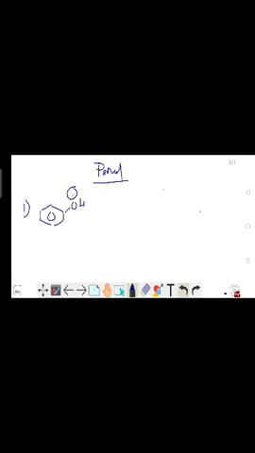When this phenol reacts with acid chloride, that is CH3COCl, then it produces phenolic ester or phenyl acetate, it is OCOCH3.